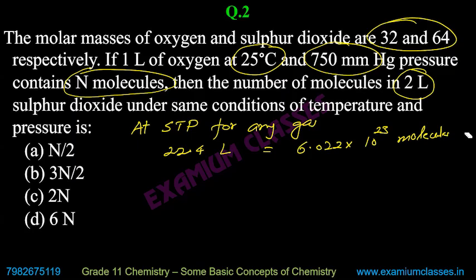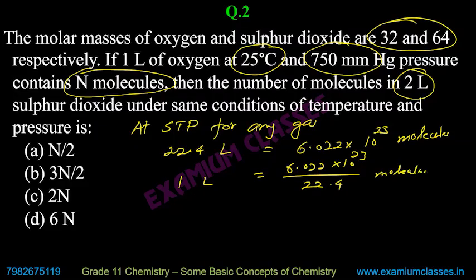Now, at STP, 1 liter will have 6.022 into 10 to the power 23 divided by 22.4. This many molecules will be there in 1 liter.